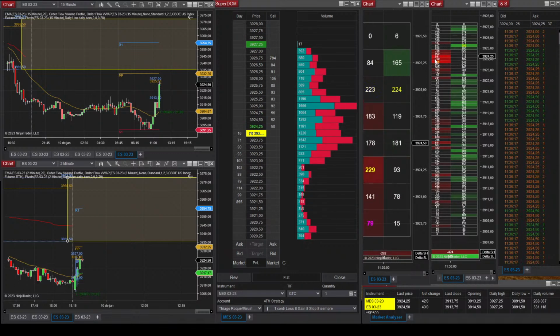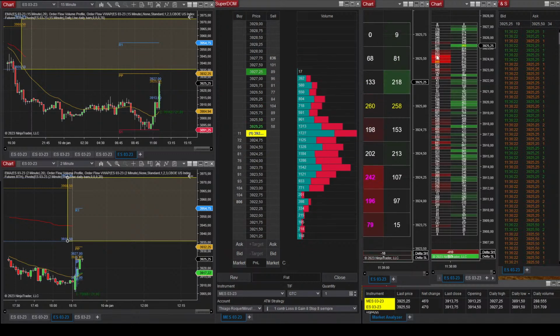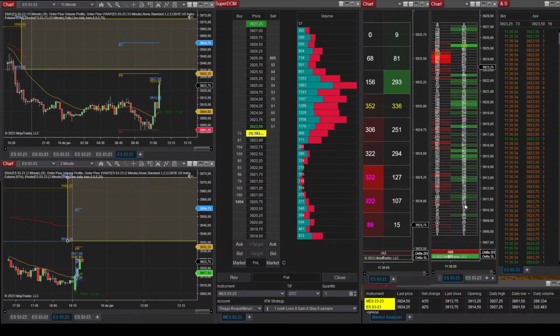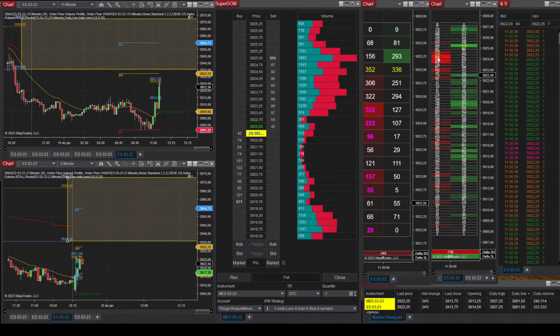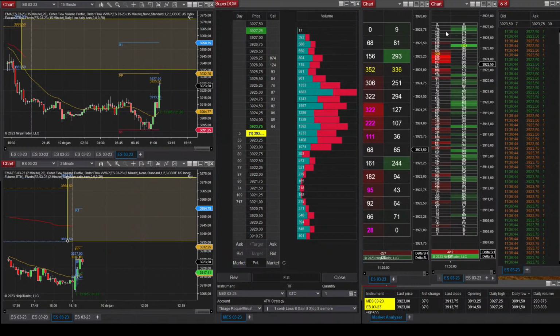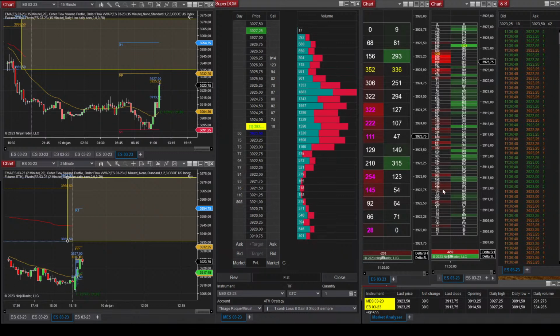This kind of absorption close to the highs usually means bullish strength, but it does not mean that they are going to be able to make the breakout, since sellers are making lots of aggression. Many times sellers can also win this battle. So it's important to watch, but not reach precipitated conclusions.